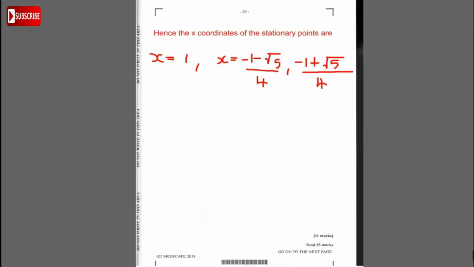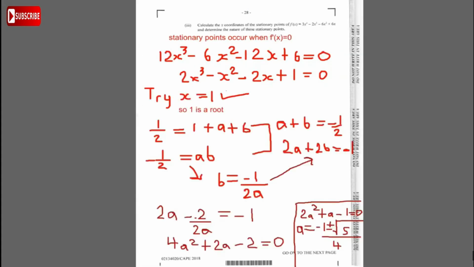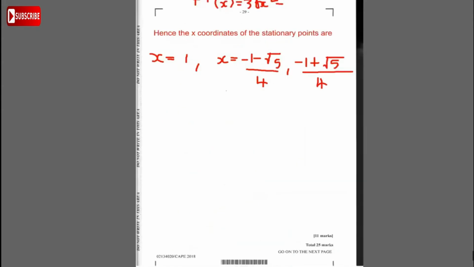So I'm just going to write down the second derivative up here again, just to refresh our memory. f double prime of x is equal to 36x squared minus 12x minus 12.